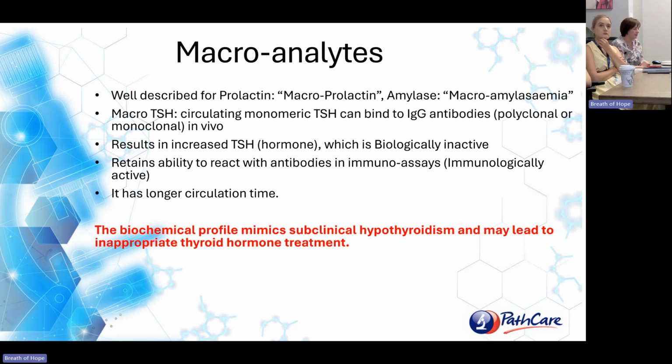This results in increased TSH, the hormone, which is biologically inactive, but it retains the ability to react with antibodies in the immunoassay. So it's immunologically active. You will get high values. It has a long circulation time, and in these cases, the biochemical profile mimics subclinical hypothyroidism, and it may lead to inappropriate thyroid hormone treatment.